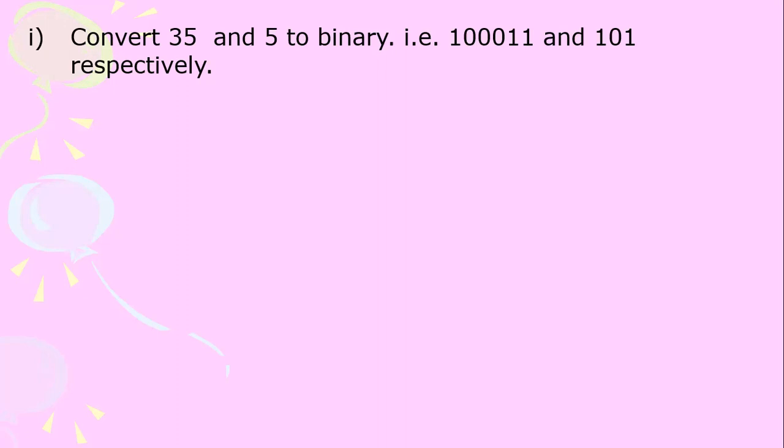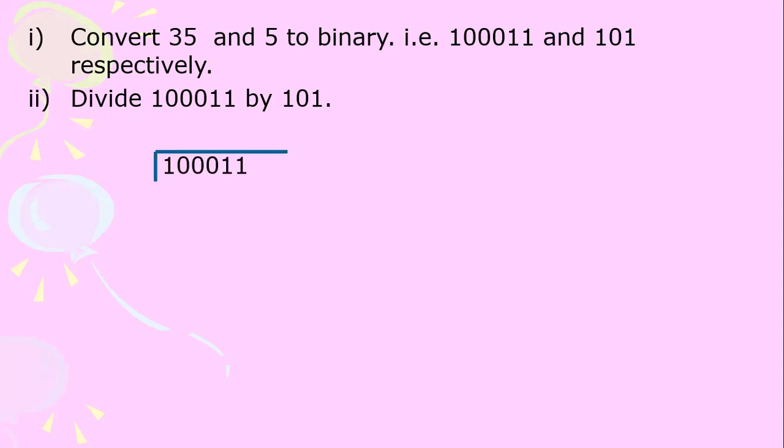In this case, the binary equivalent of 35 is 1, 0, 0, 0, 1, 1, and the binary equivalent of 5 is 1, 0, 1, respectively. Then divide 1, 0, 0, 0, 1, 1 by 1, 0, 1 using the normal division as follows.